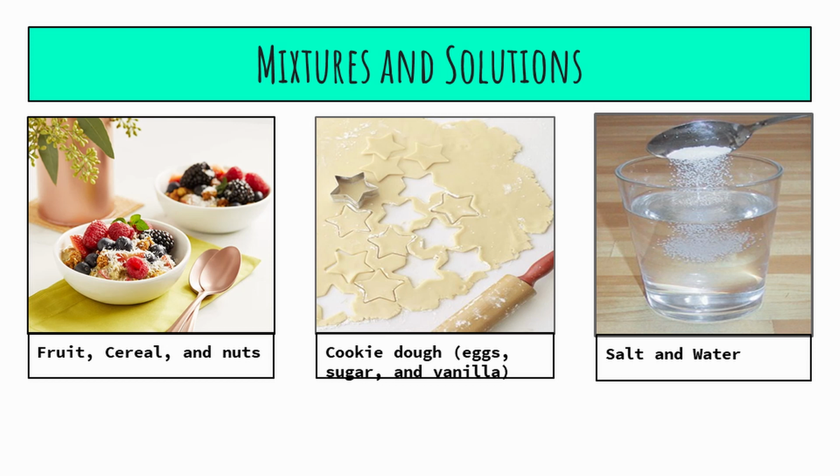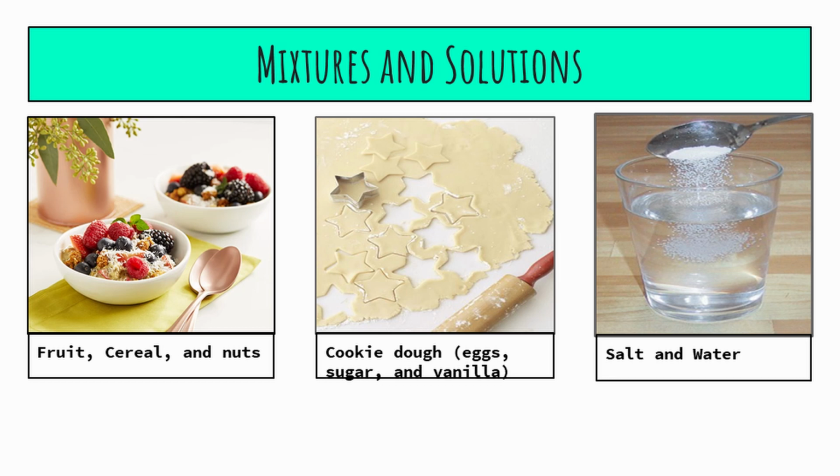Howdy, scientists! I made a very interesting discovery today. Sometimes when I mix things together, I am able to pick them apart. For an example, I am able to separate the fruit, cereal, and nuts in my breakfast bowl. Other times when I mix things together, I can't even tell there are several things that are mixed together, like when I make cookie dough.